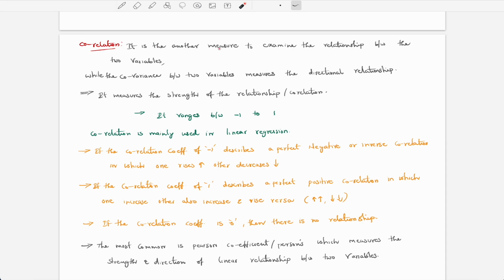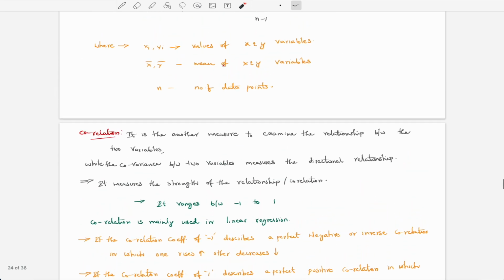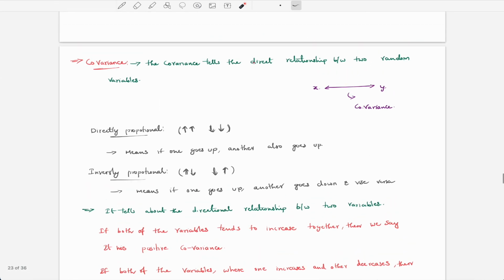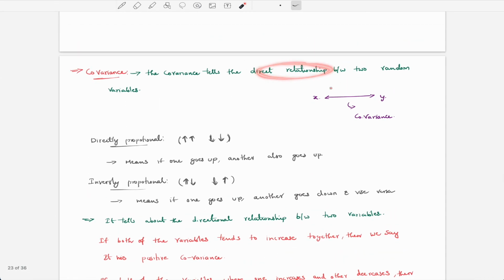Correlation is another measure to examine the relationship between the two variables. While the covariance measures the direct relationship, the correlation measures the strength of that relationship.